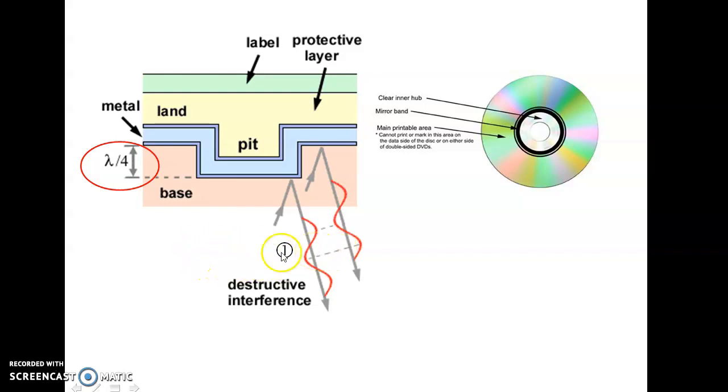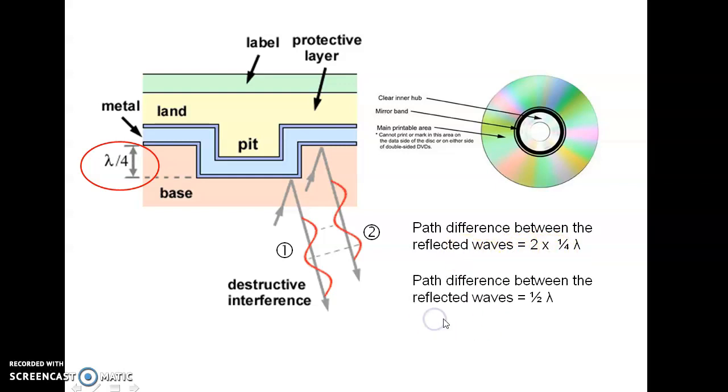So at the edge of a pit, we would get two reflected waves, say 1 and 2, one from the top of the pit and one from the bottom of the pit, and these would have a path difference of half a wavelength, one having travelled 1/4 plus another quarter before the other wave had done so. And so the path difference between the reflected waves is 2 times 1/4 of a wavelength, which is half a wavelength.